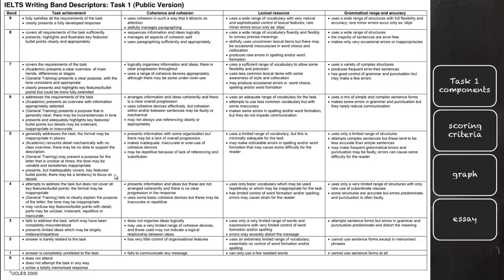Again, we're going to look at band score 5 first. Here it says presents information with some organization, but there may be a lack of overall progression, which basically means that yes, there is some organization, but it's a little bit unclear. Makes inadequate, inaccurate, or overuse of cohesive devices. Cohesive devices are transitions such as moreover, therefore, first, second, third, and so on.